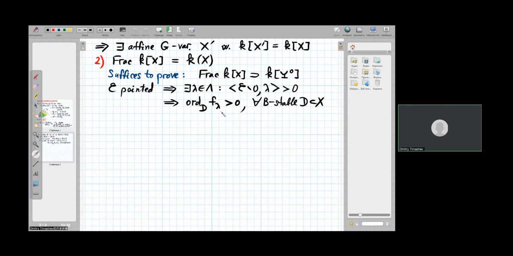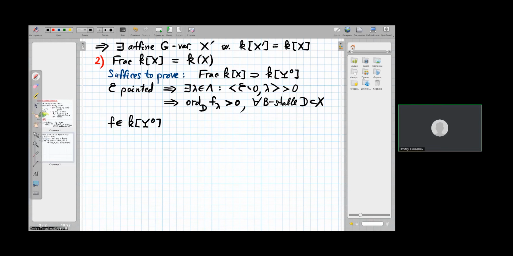And this means exactly that the function f sub lambda has zeros along all B-stable prime divisors in X. Therefore, let us take any rational function f, any regular function f on the open B orbit.